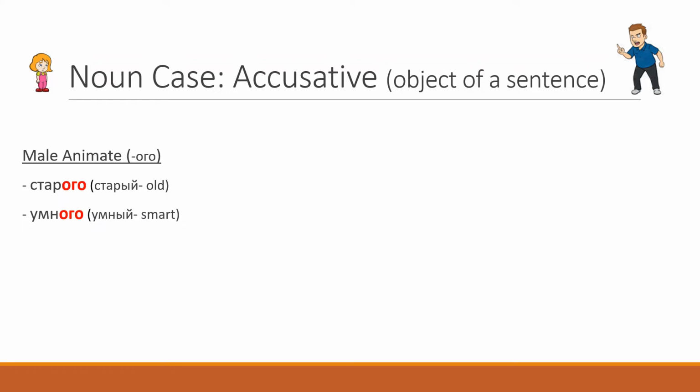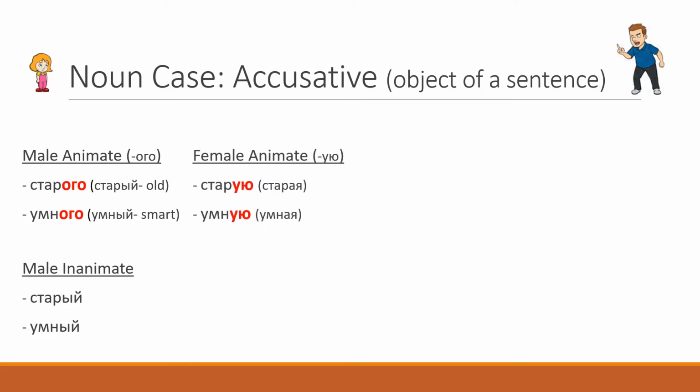Remember, g here is pronounced as v, so it's ova. So stary becomes starova. Umny becomes umnava. Okay? For inanimate objects, it doesn't change. Use the same adjective ending as you would for nominative.